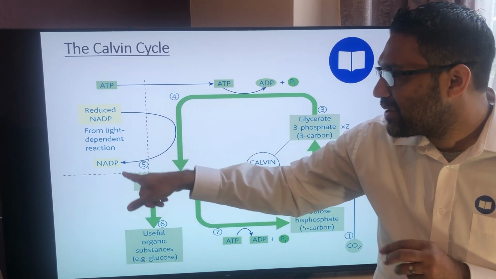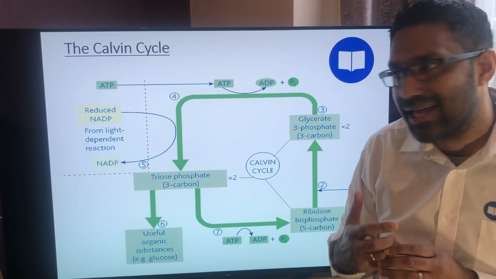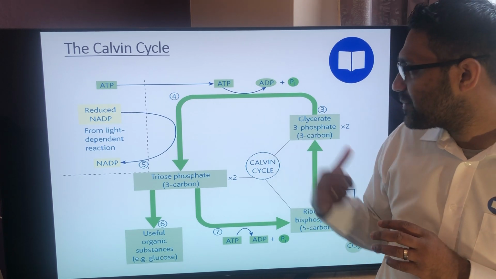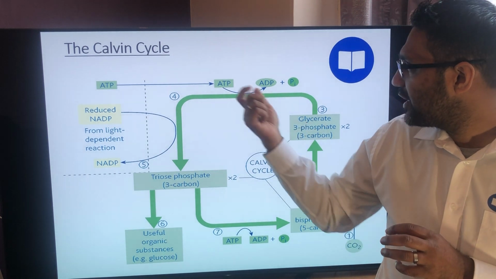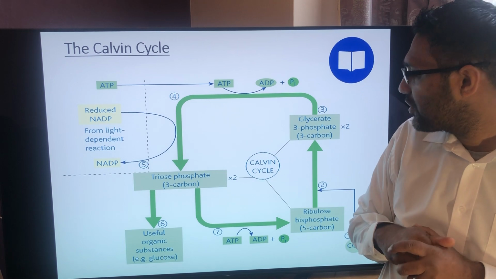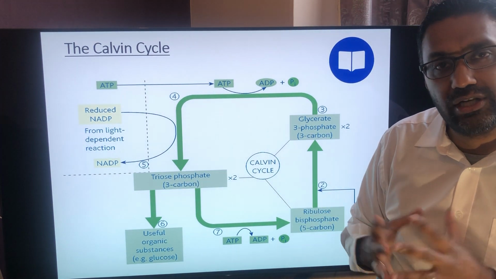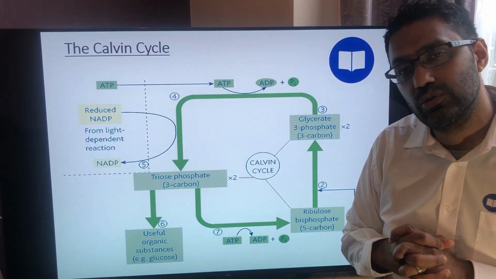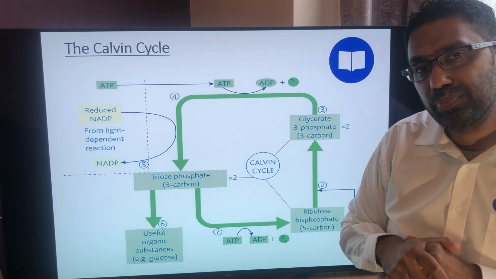The reduced NADP becomes oxidized, therefore the 3GP is being reduced, gaining the hydrogen ion. It's also gaining some energy, and this converts the 3GP into triose phosphate, a really important compound, also known as TP. So you've got 2 lots of TP.